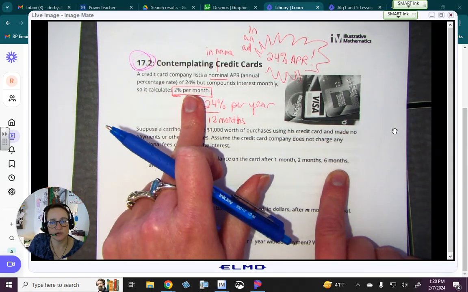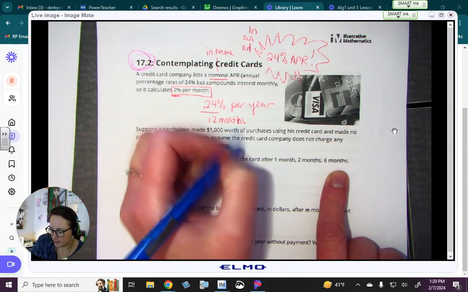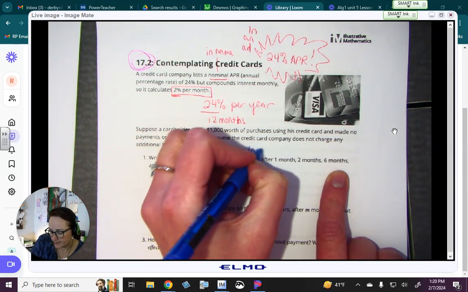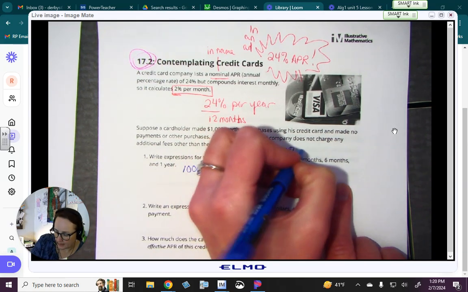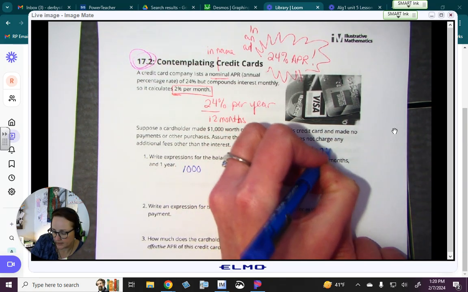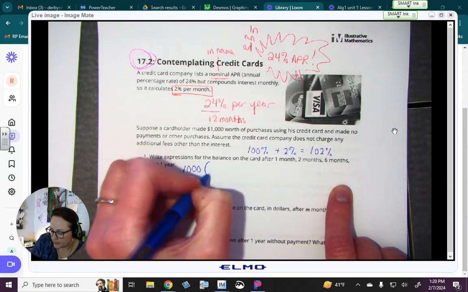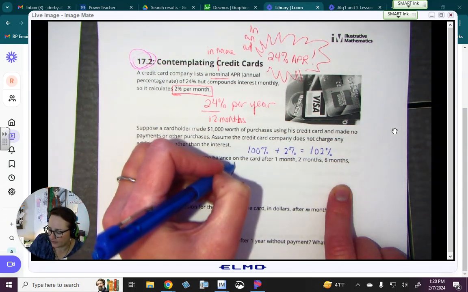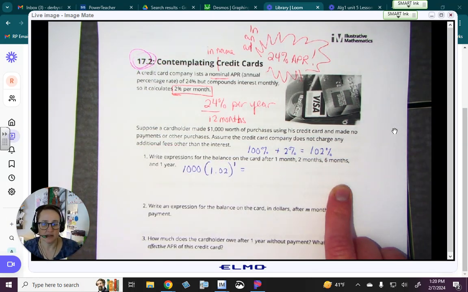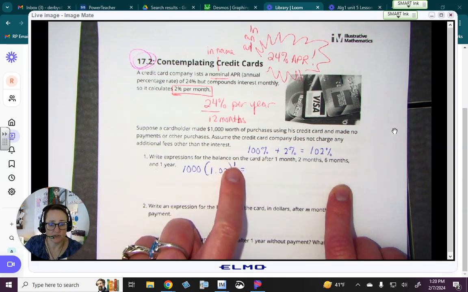If we're growing at 2% per month, remember that's 100% plus 2% on top of that, 102%. And as a decimal, we're going to use 1.02. In 1 month, we're just going to raise it up to that 1 because it's that first month.